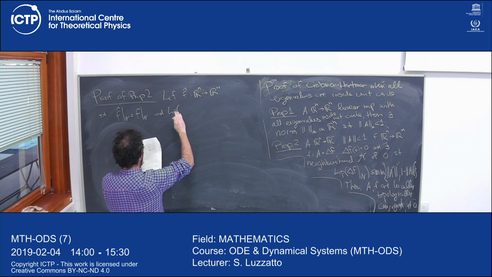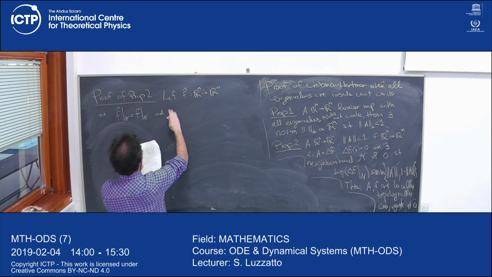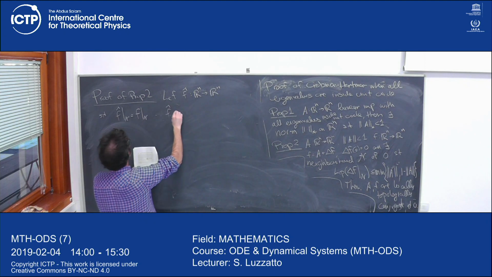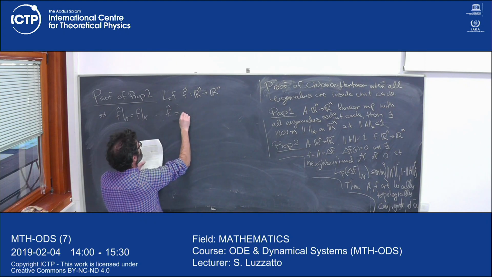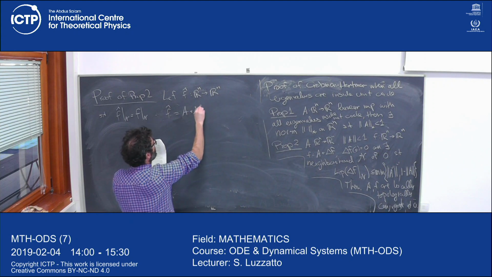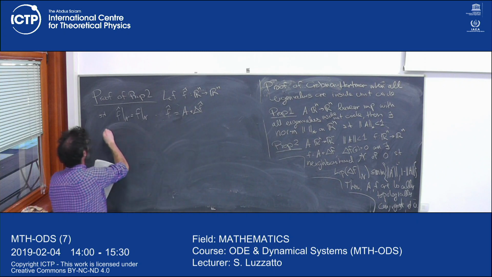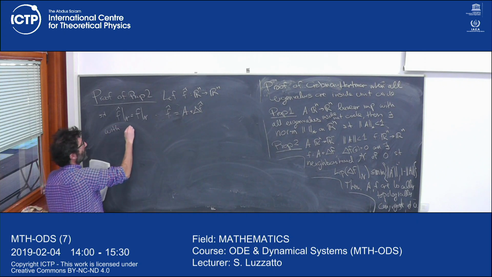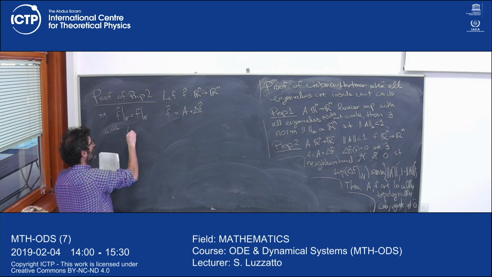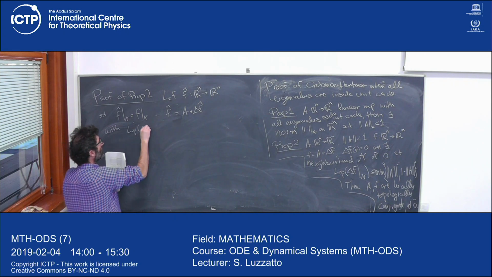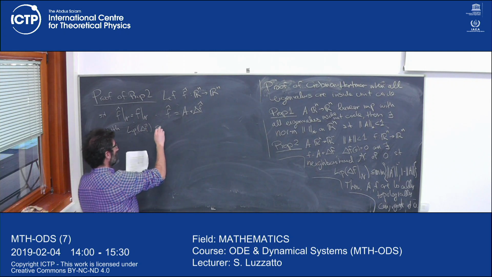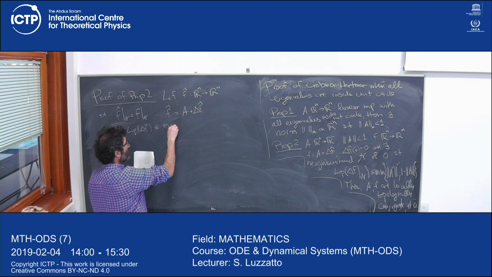And we can write f hat is also equal to A plus delta f hat, with delta f hat with Lipschitz constant less than or equal to the minimum.